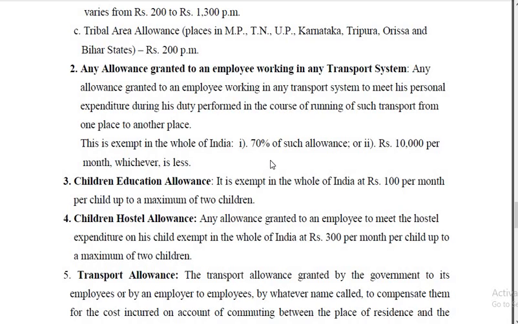So what is allowance granted to an employee working in any transport system? That is any allowance granted to an employee working in any transport system to meet his personal expenditure during his duty performed in the course of running of such a transport from one place to another.